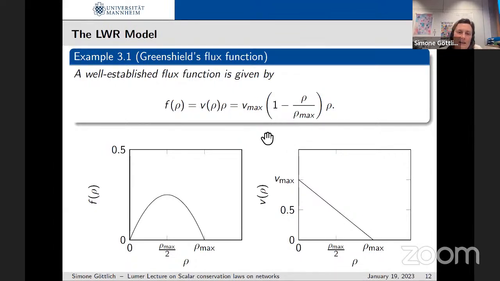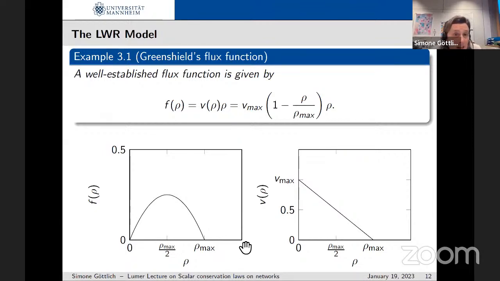And finally, if we look at the left picture here, this is called the fundamental diagram. The concave shape of our flux function with a maximum here at rho max half, saying that we have essentially two regions of traffic. The first one here is called free flow. The second one here is called congested regime.